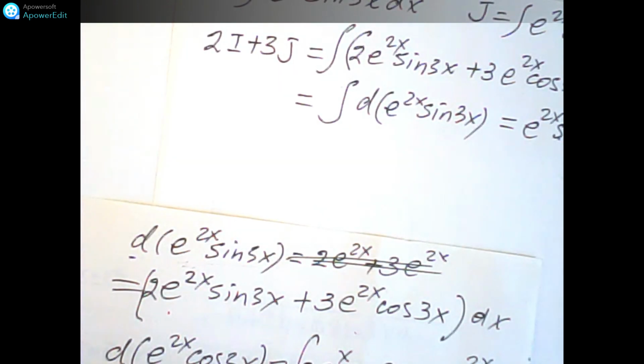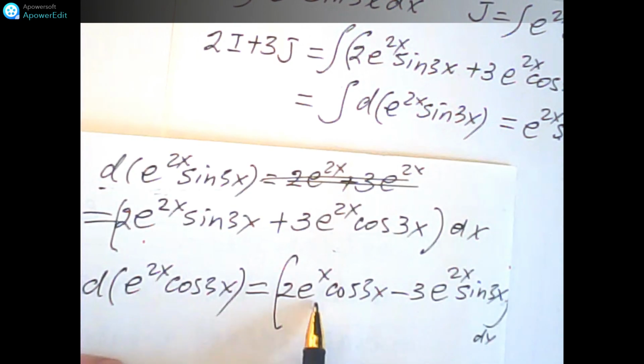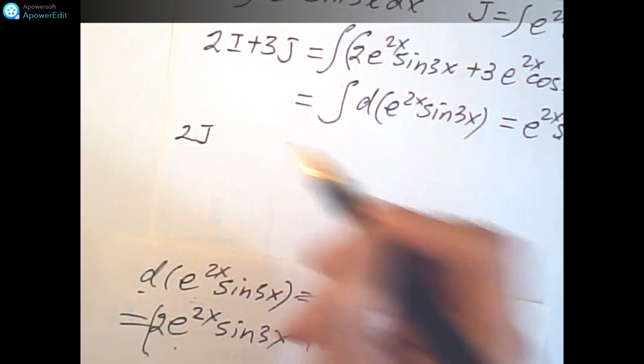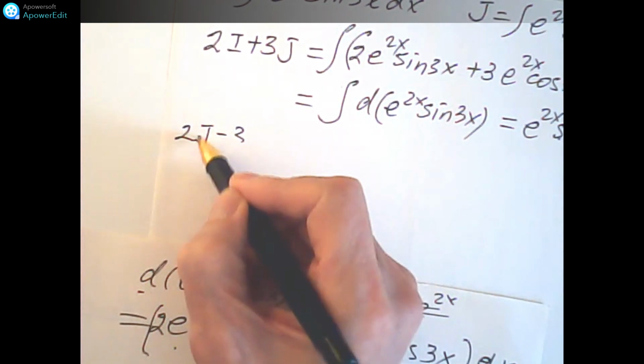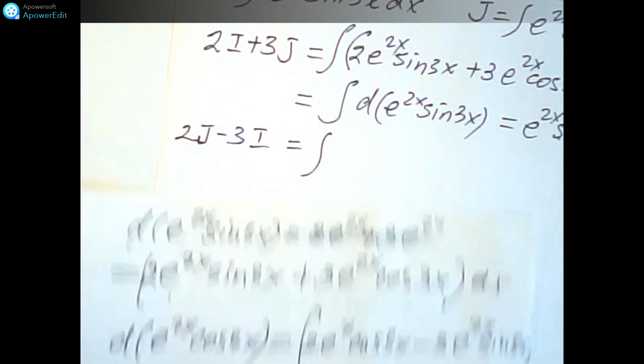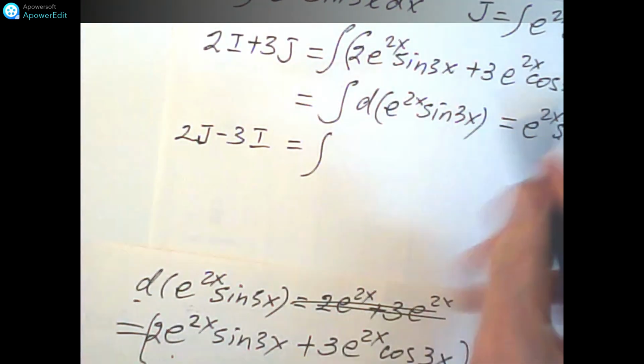Similarly, from this, I know that I need 2J minus 3I. 2J minus 3I is equal to this.